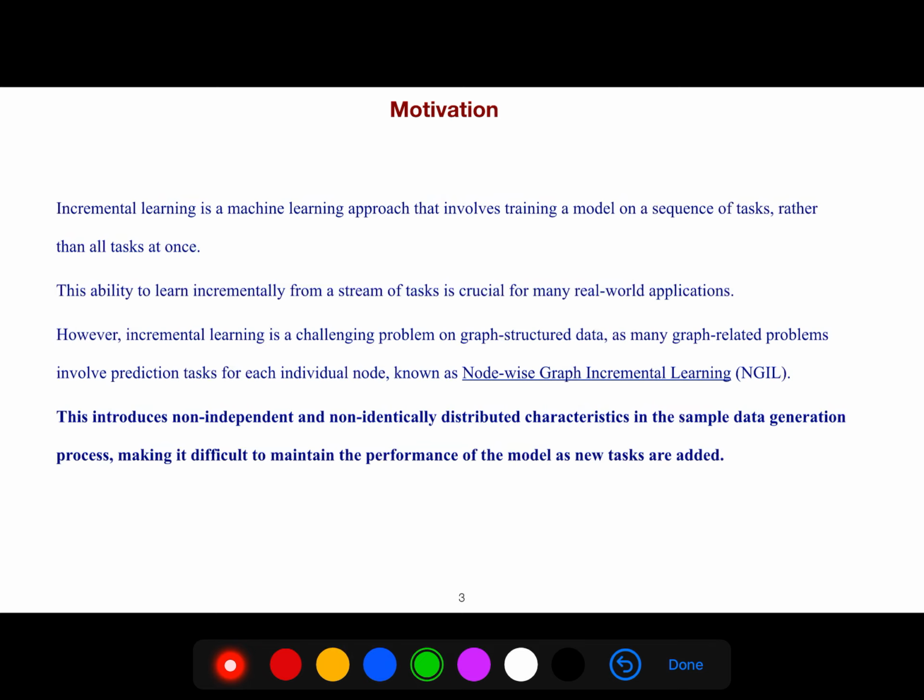This introduces non-independent and non-identically distributed characteristics in the sample data generation process, making it difficult to maintain the performance of the model as new tasks are added.